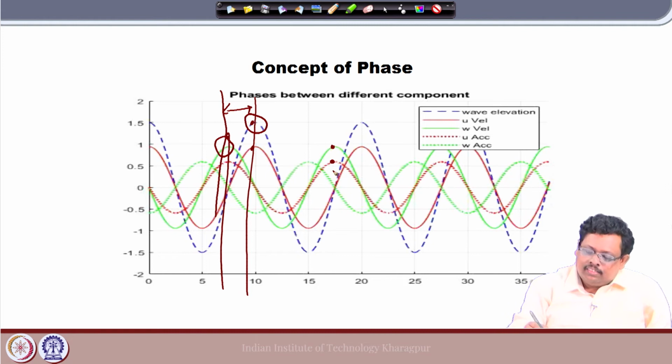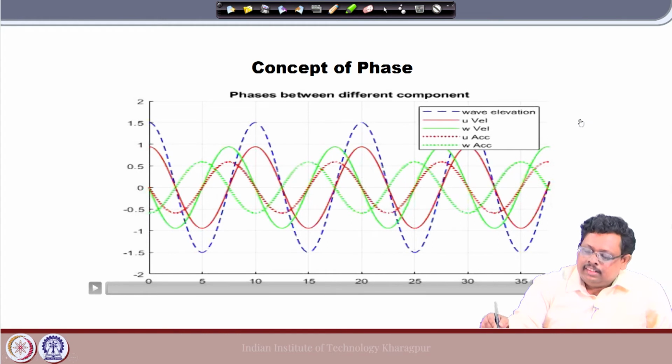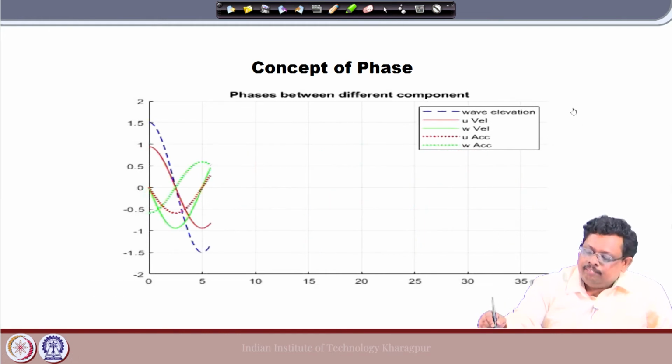However, the dotted line and the green line have a phase difference with the blue line, and then the green line and the blue line also have a phase difference. So, this is the meaning of the phase difference. Now, let us try to find out how this phase difference actually helps me to find the added mass and damping.